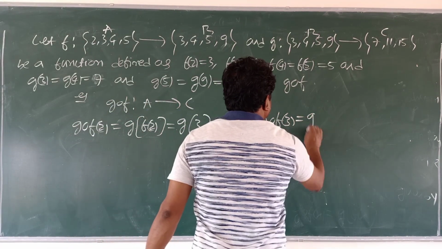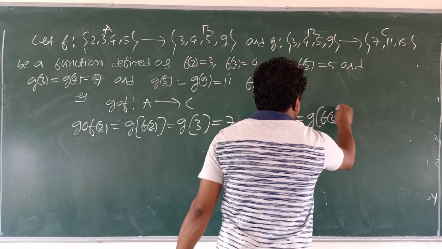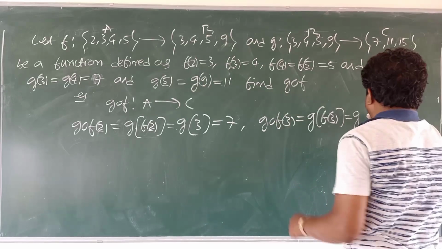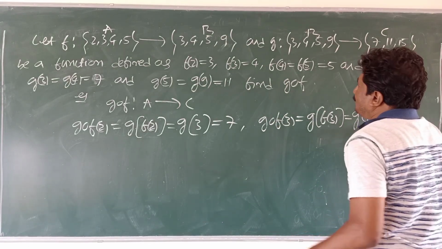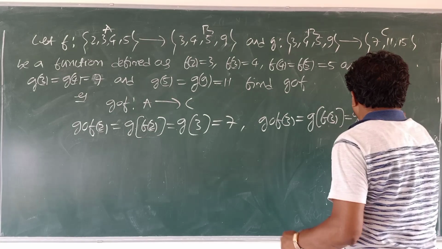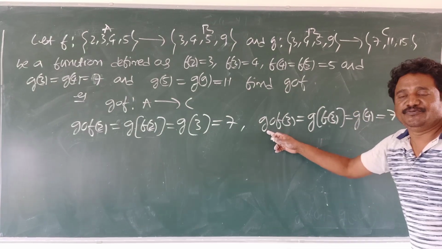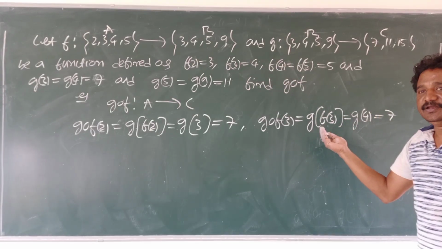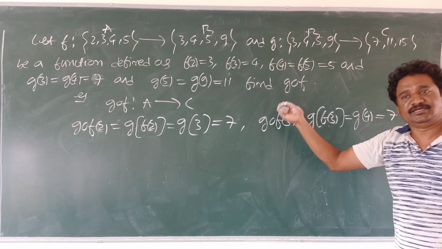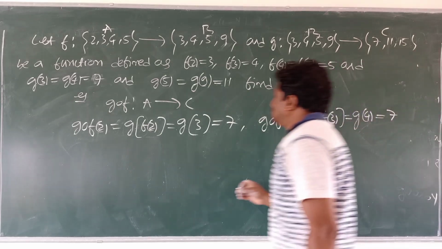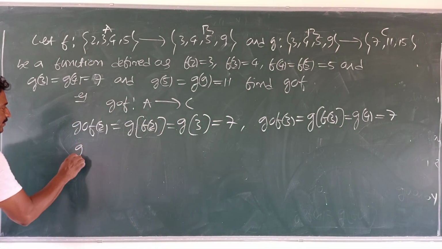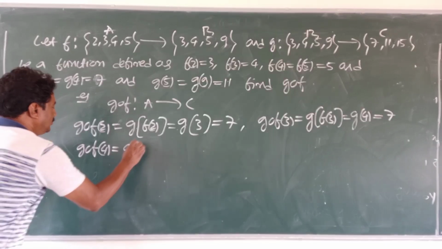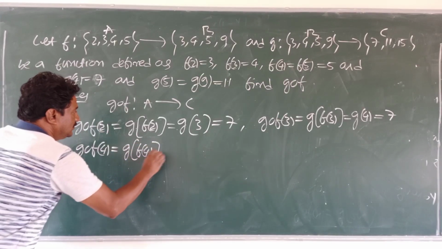That is g of f(3). Tell me the f(3) value, 4. Now tell me the g(4) value, 7. Again g o f is relating 3 with 7. Let it be. It can relate in its own way. Okay. Next, you take (g o f)(4), g of f(4).